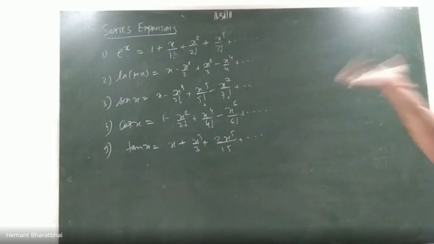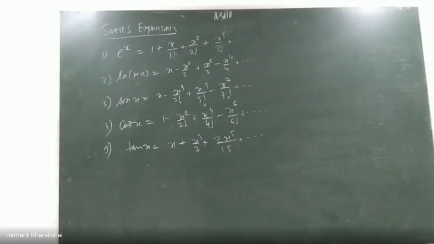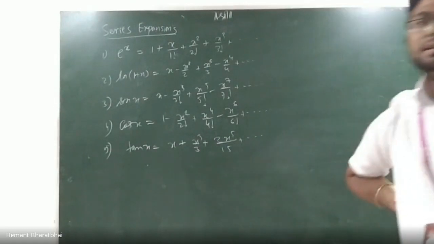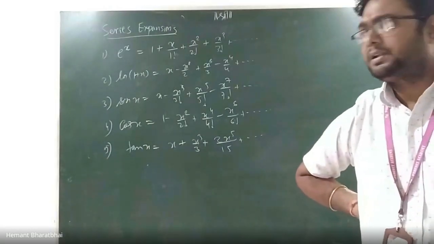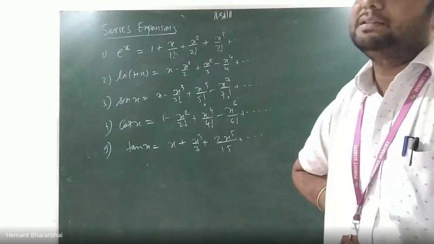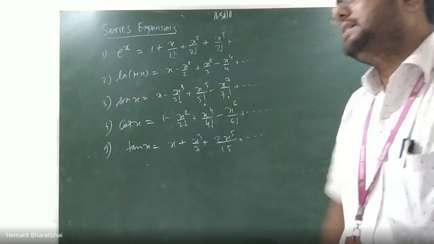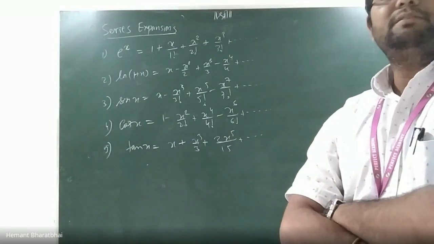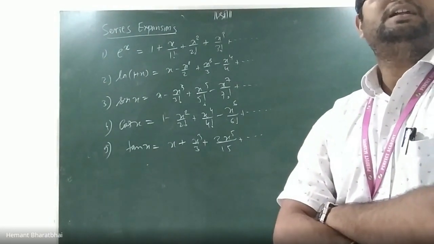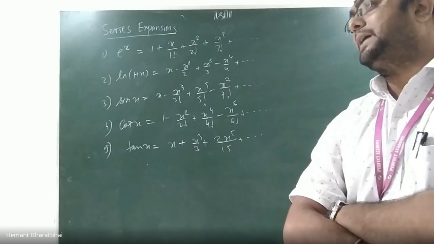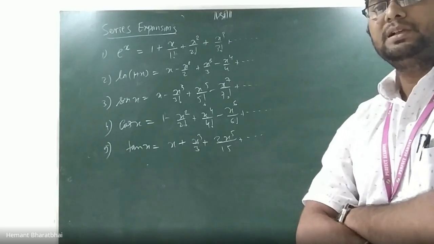Proof of this is available, but not at this level. When you go into engineering, you will have partial derivatives. In partial derivatives, you will have two theorems, the Taylor series and Maclaurin series expansion. So you will have a direct formula for the Taylor series and Maclaurin series in partial derivative terms.